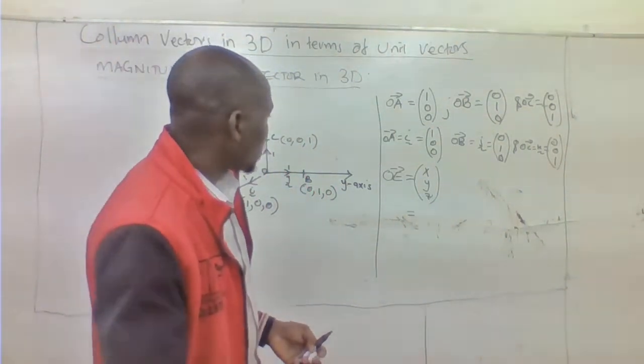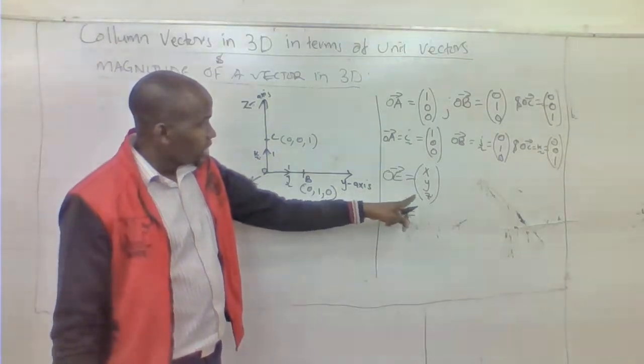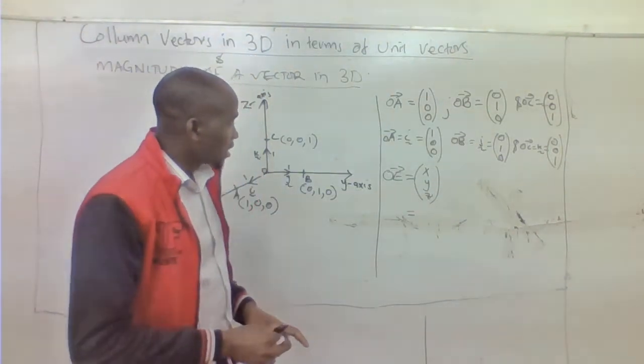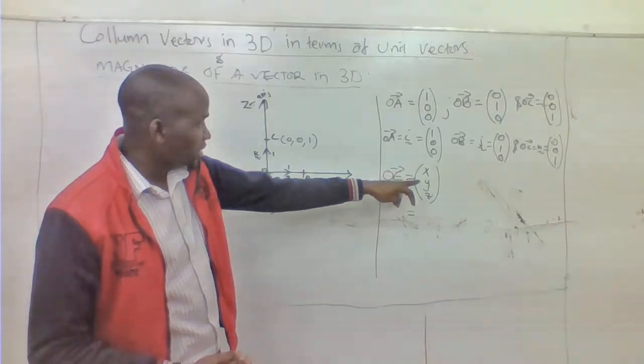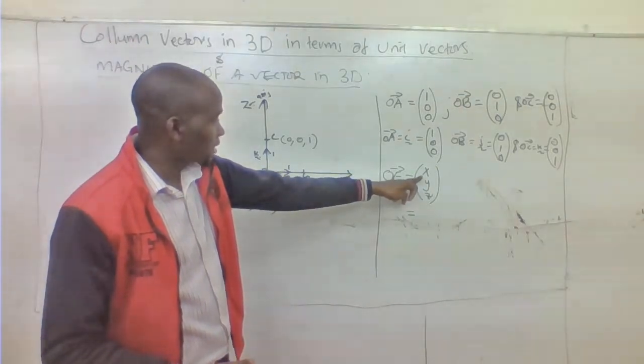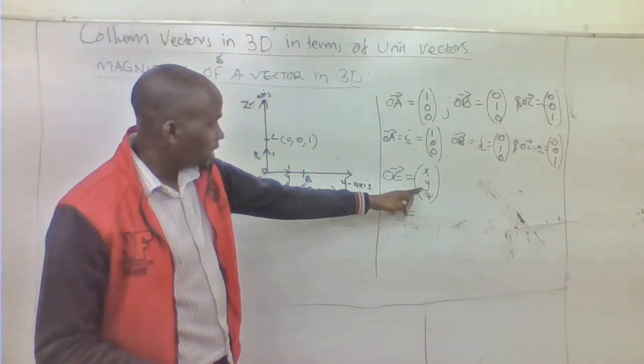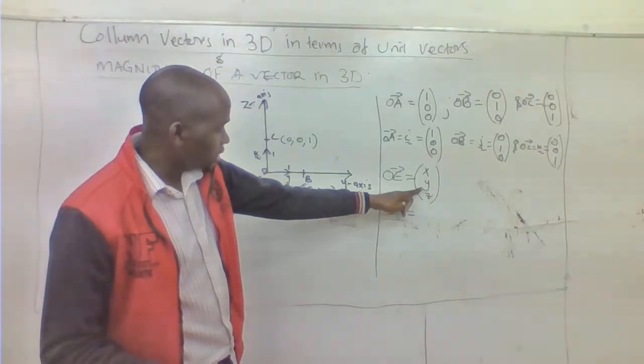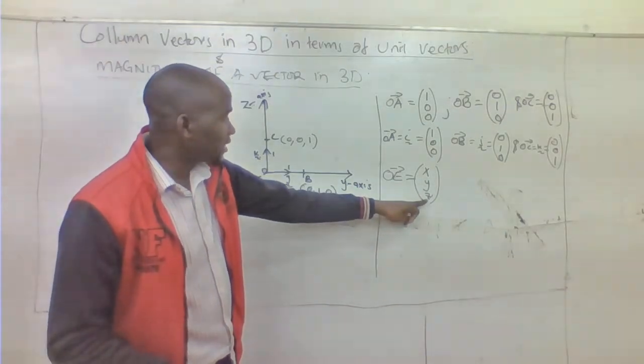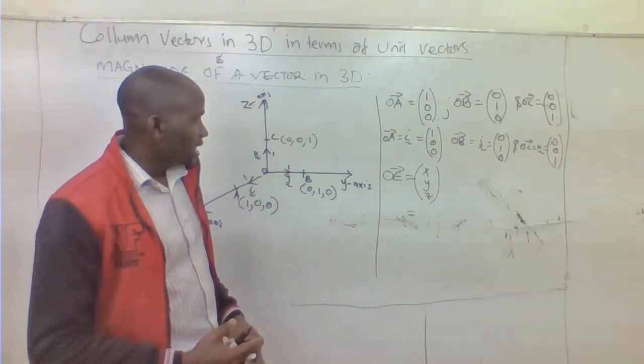We can express vector OE in terms of unit vectors because we have seen x is the displacement along the x-axis, y the displacement along the y-axis, then z is the displacement along the z-axis.